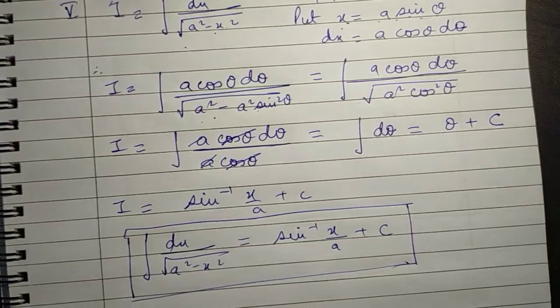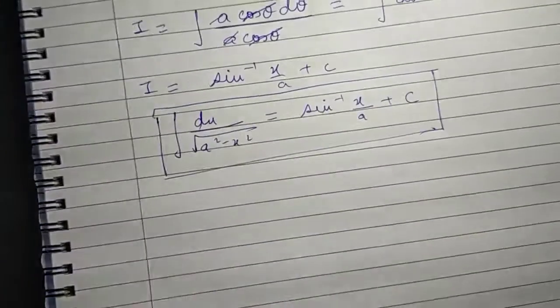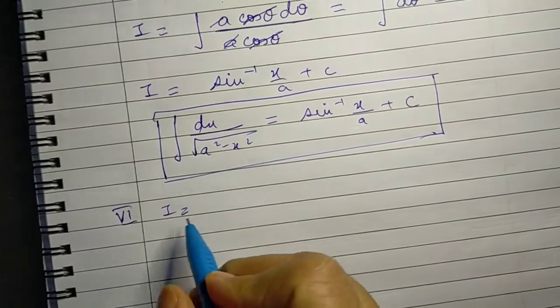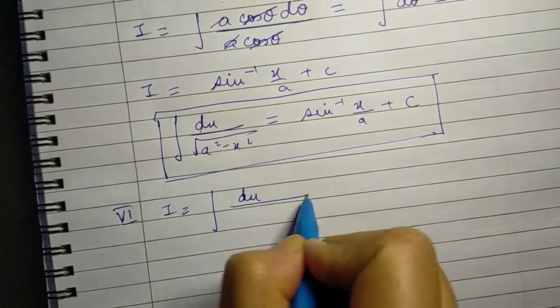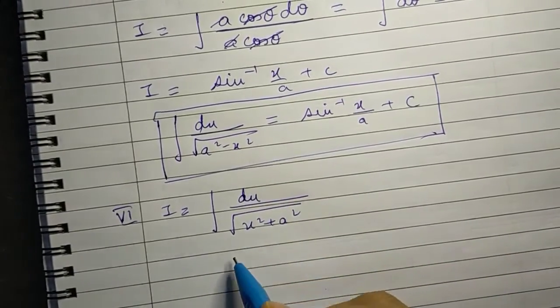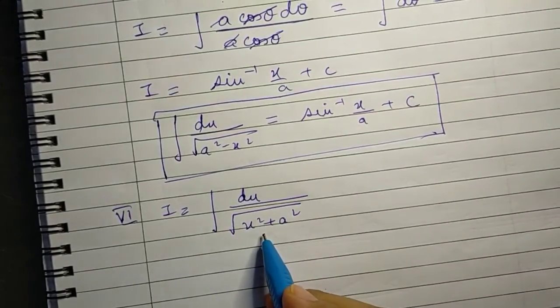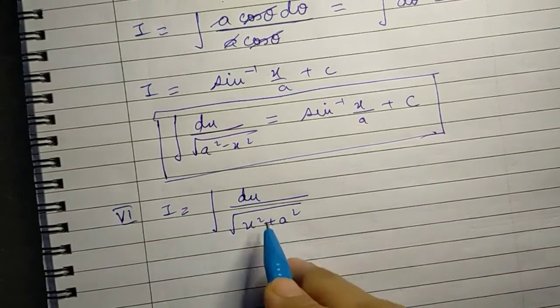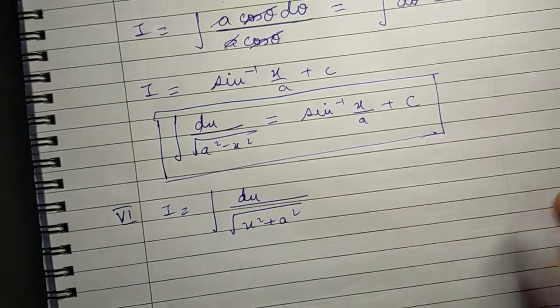Now let us come to the last result, that is the integral of dx over x squared plus a squared. Here in any case there is a plus sign between two square terms, and so we can't factorize it. So the only way of doing it is by substitution.